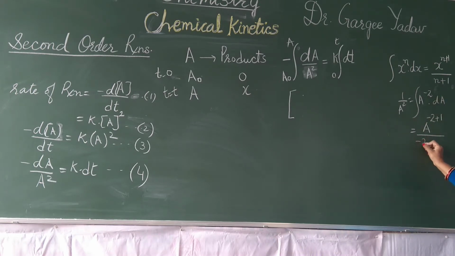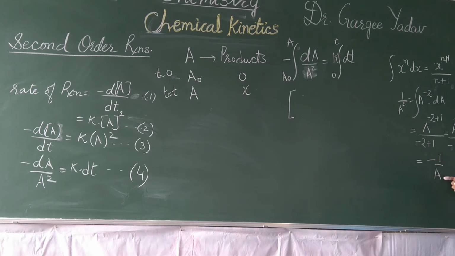So minus 2 plus 1 is minus 1, divided by minus 2 plus 1, which is again minus 1. So if we solve it, it is A raised to the power minus 1, divided by minus 1. So what we get is minus 1 upon A.